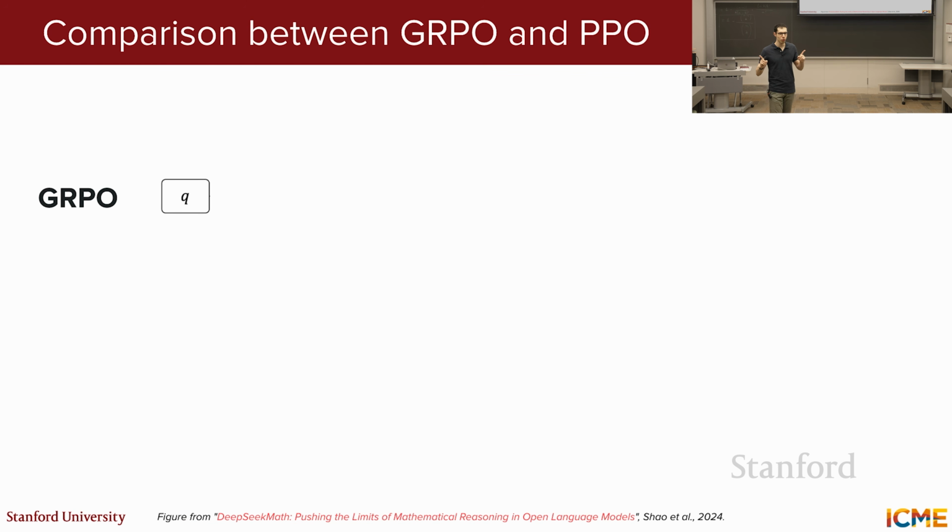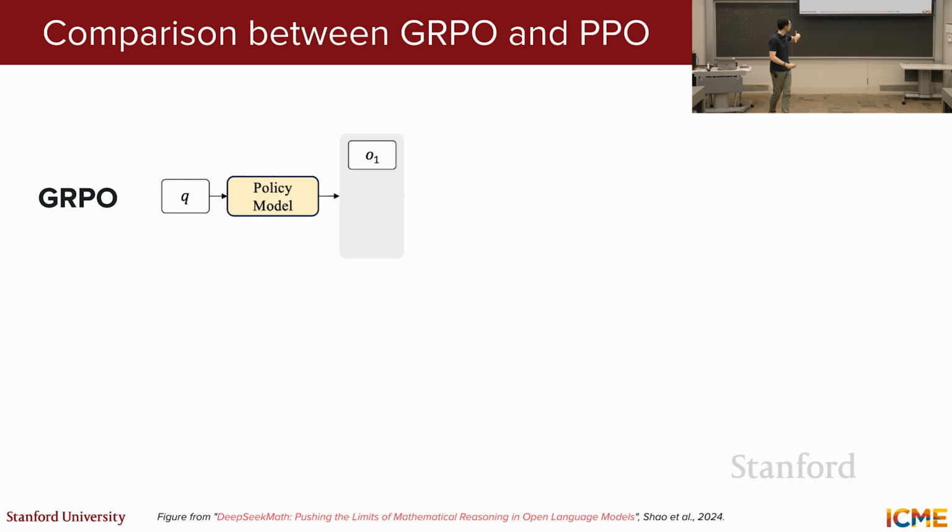Here we're going to go through the exact same thing, but illustrated. In the GRPO case, we're taking a query and passing that through our policy model, which is the LLM that we're trying to train.